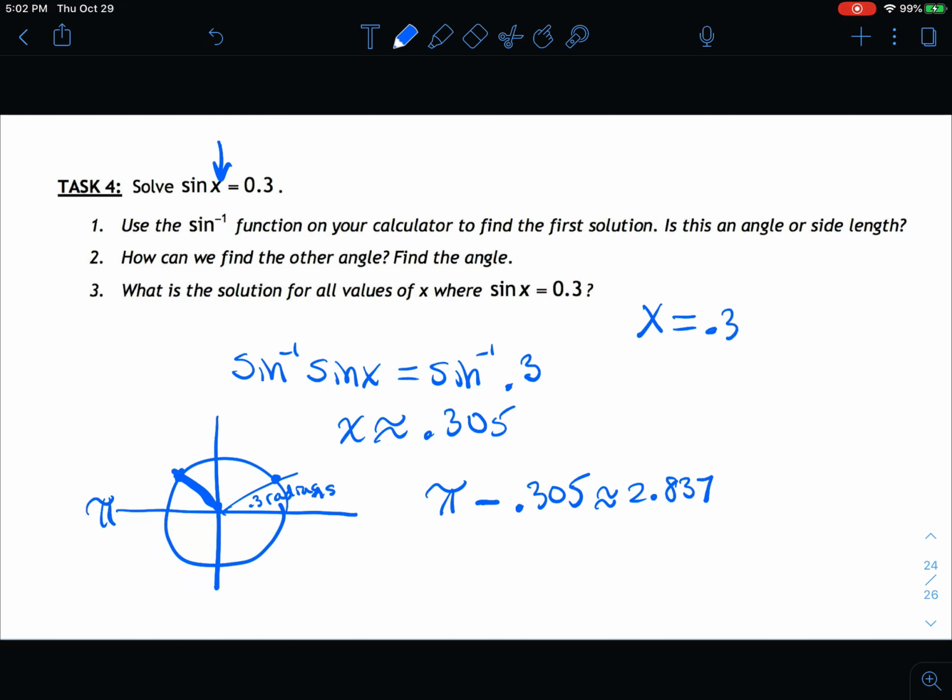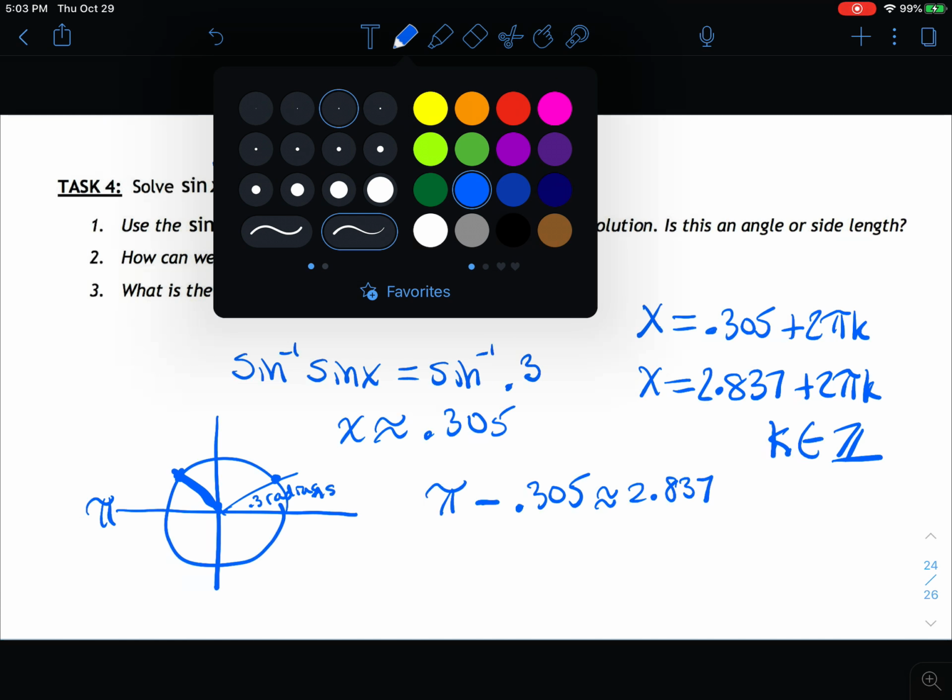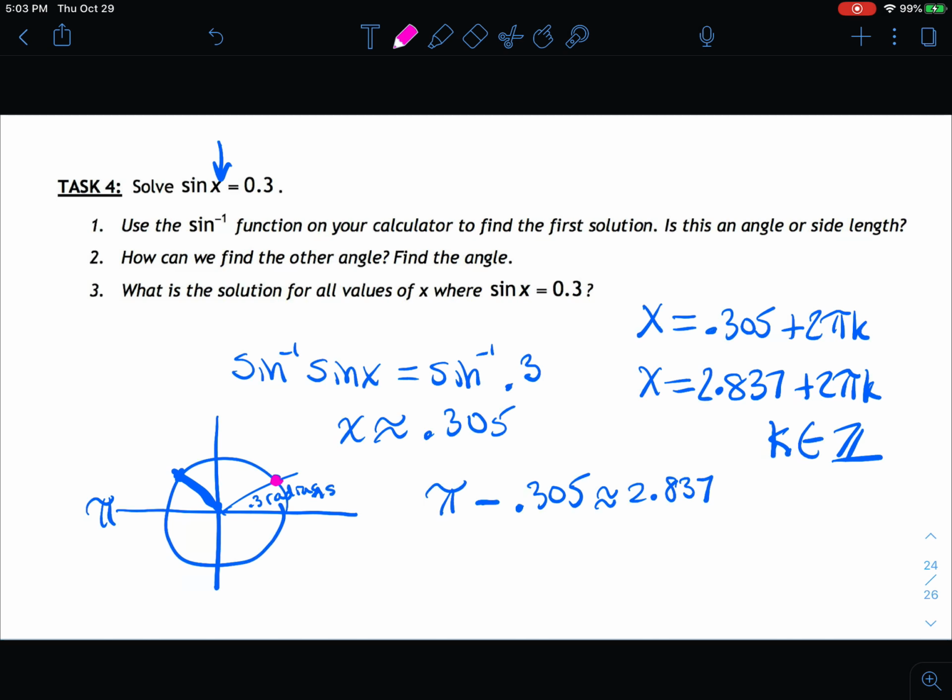Okay, here are our solutions. x equals 0.305 plus 2 pi k. x also equals 2.837 plus 2 pi k, where k is an element of the integers. All you're doing here is saying, if I start at this point and subtract 1 whole revolution, boom, I'm right back here again.